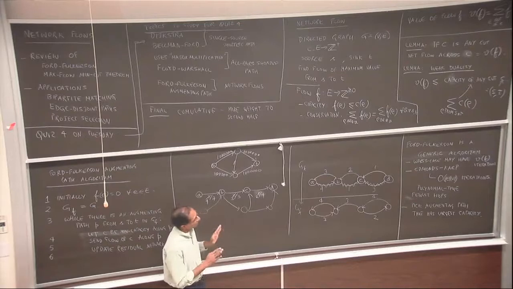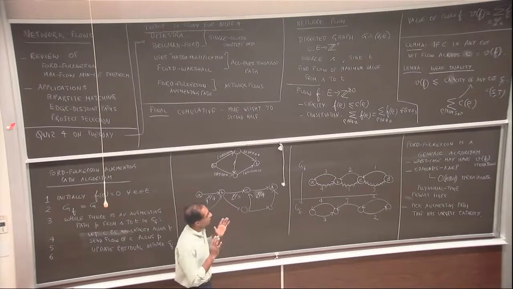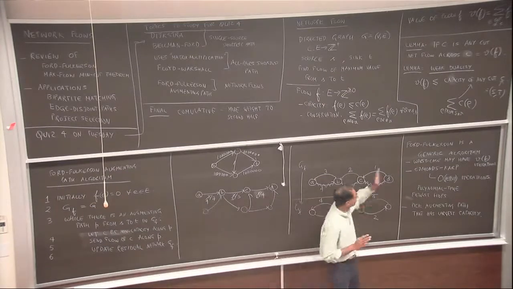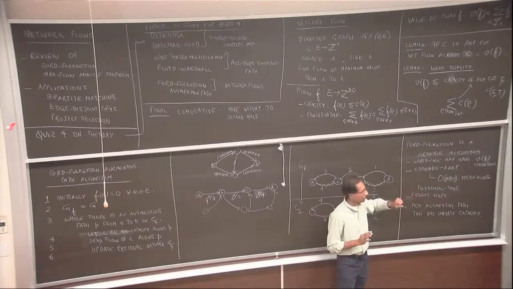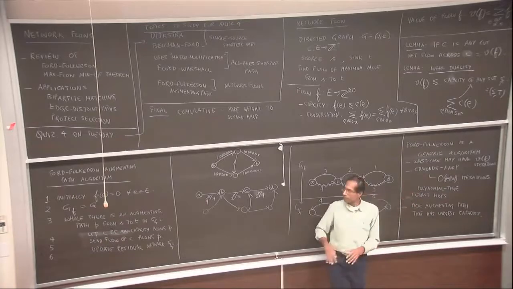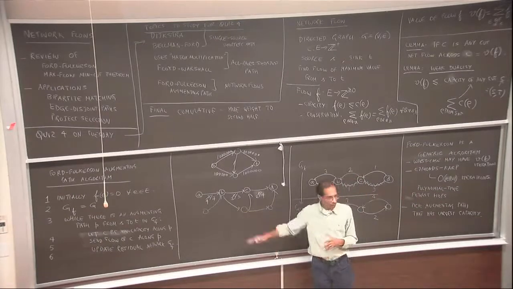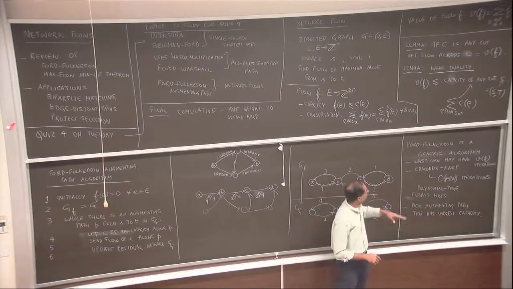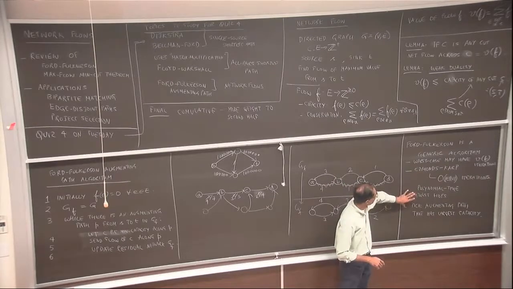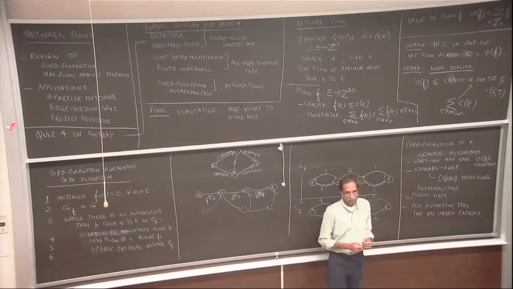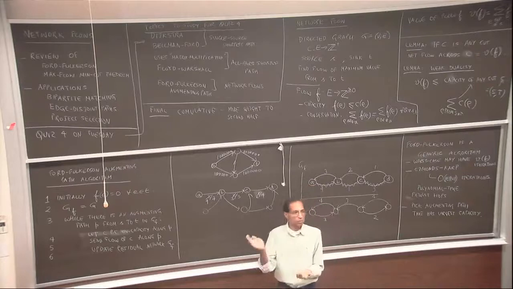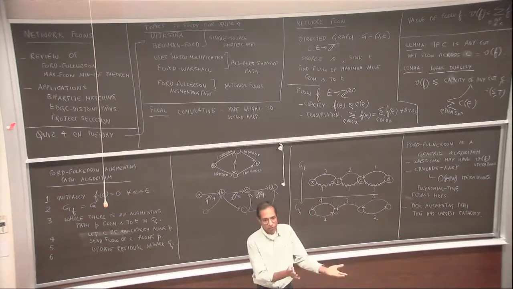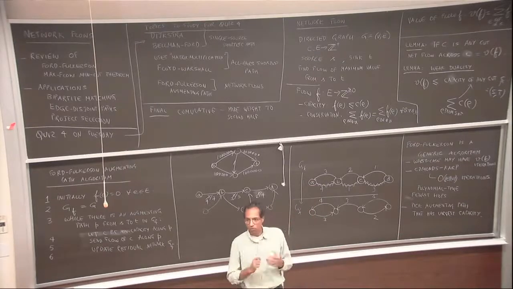But I think the point is, from our standpoint, network flows can be solved. You need to know the basic idea between flows and cuts. We need to know that there is some way to solve it. And whenever we are trying to solve other problems using flows, we can simply claim that we already know how to solve network flows. We'll just use code.